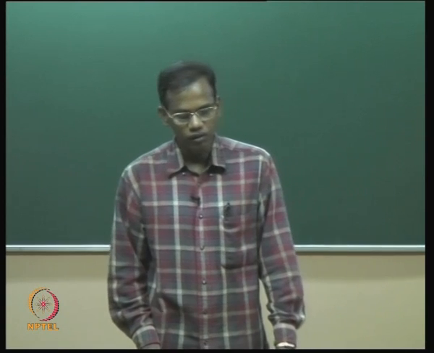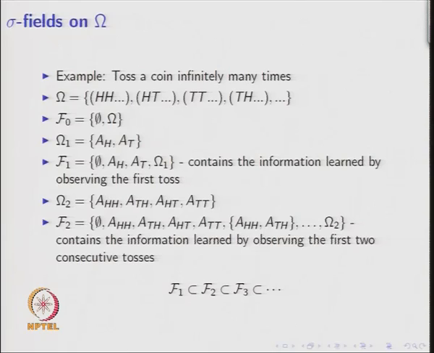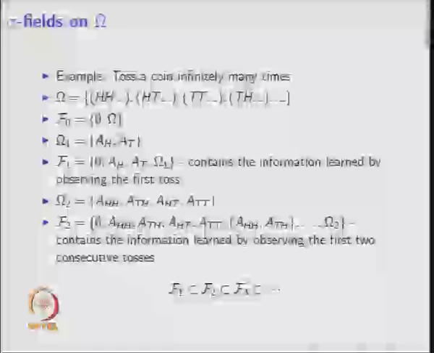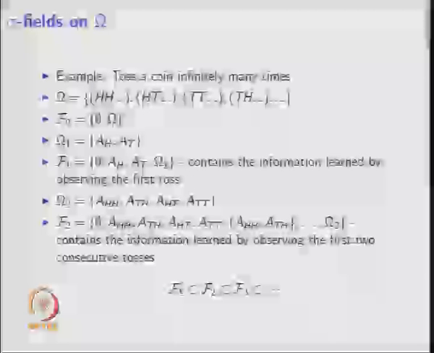Let us generate a filtration for this example in the discrete situation. Take the same example, tossing an unbiased coin infinitely many times, and omega 1 has two elements.